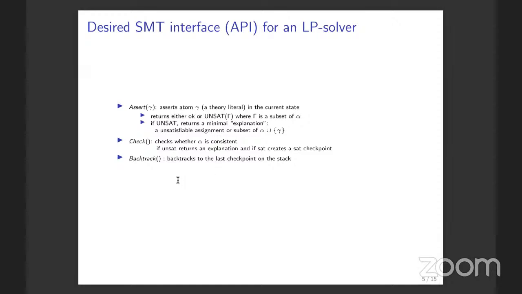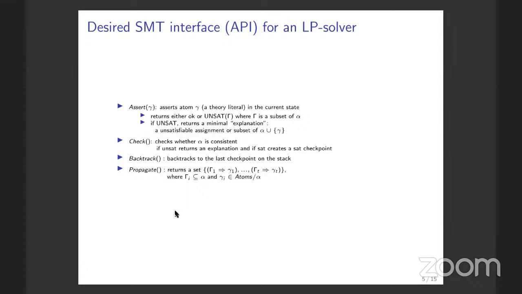Otherwise, it can create checkpoints that can be used during backtracking, so that the theory solver state up to the previous checkpoint on the stack can be remembered and reused when you further extend your partial assignments in the context of DPLL. So this is typically the kind of API that is built as a wrapper around the core Simplex procedure and integrated into SMT.